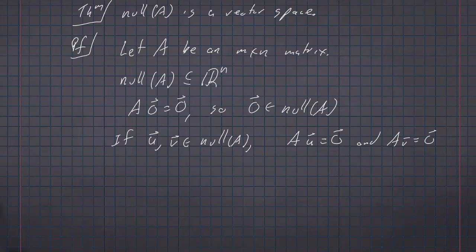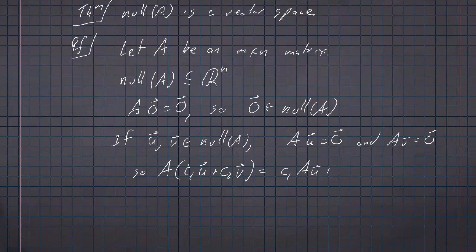Again, that's the definition of the null of A. So if I take a linear combination, A times c1u plus c2v, I can distribute that and get the zero vector.